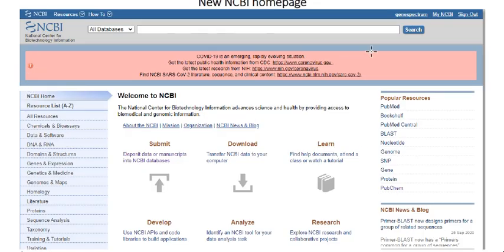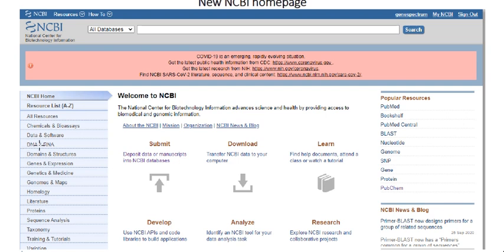Here we see the NCBI homepage. We submit the DNA sequence. We also retrieve the information. We download the DNA sequence information. All resources we can find from the NCBI website. Chemical assays, bioassays, and scientific literature analysis data we can also retrieve from the NCBI.